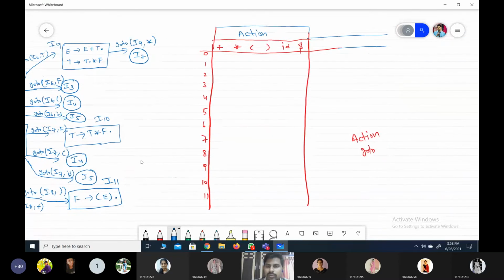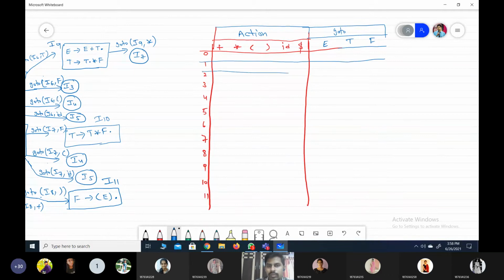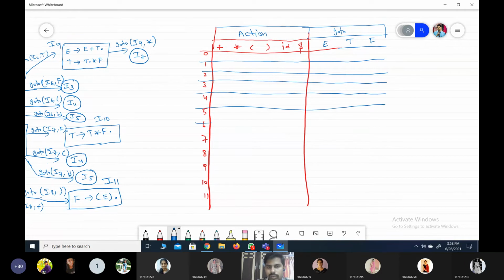So write down these non-terminals: E, T, F. Once we have defined the non-terminals, make it as action part and then go to part. Once you are done, make it as a two-dimensional table. So draw the table. Everyone draw this table.